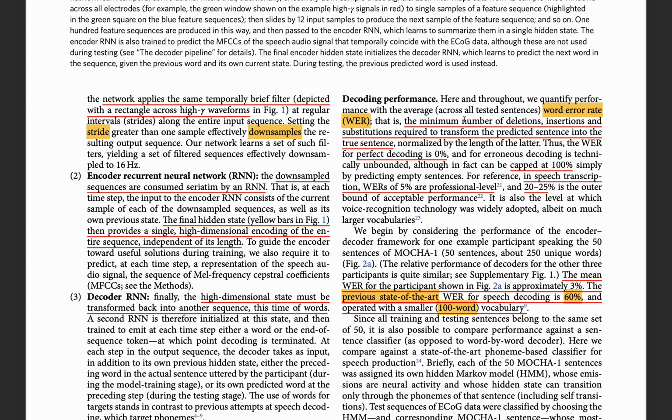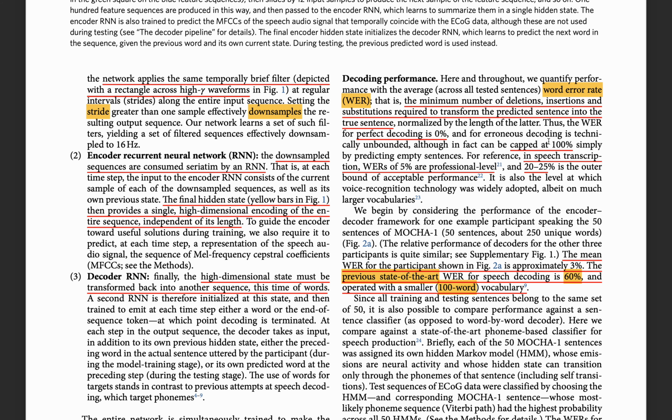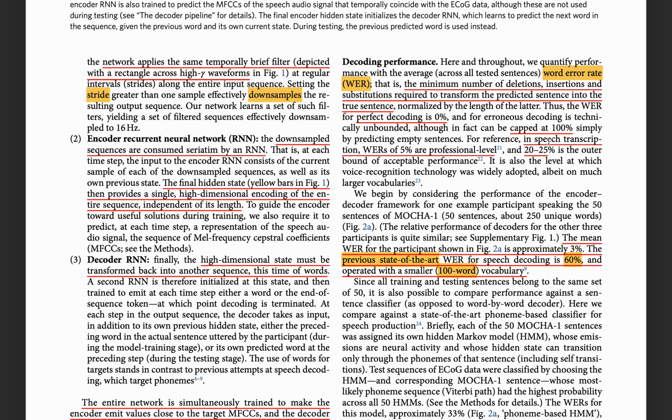So if there are no deletions, insertions, or substitutions required, meaning the predicted sentence is exactly the true sentence, then we have a word error rate of 0, which is the lower bound and ideal scenario. And if we have all the words incorrectly identified or missing, then the word error rate is 100%. That's where it's capped. So we want to have it as low as possible. What they achieved was really amazing.